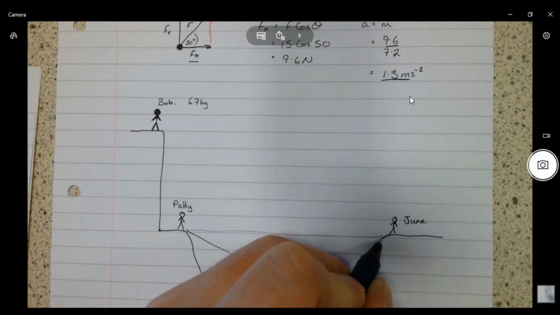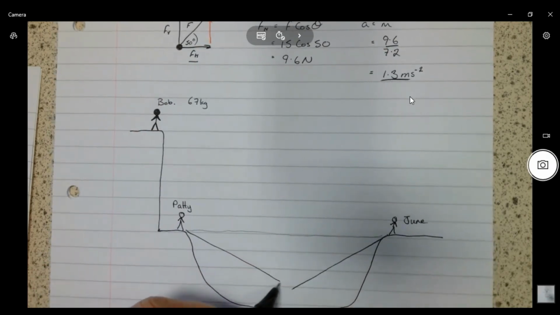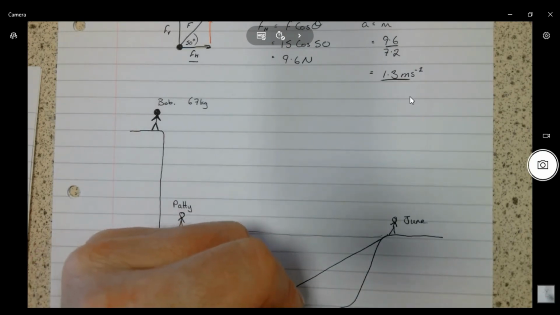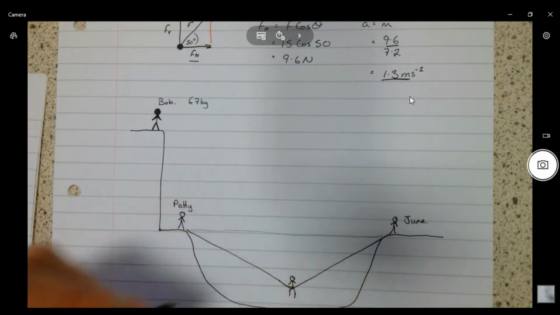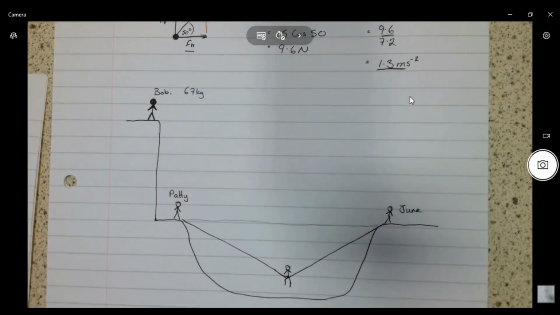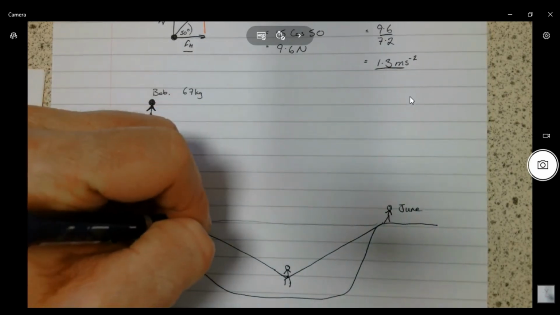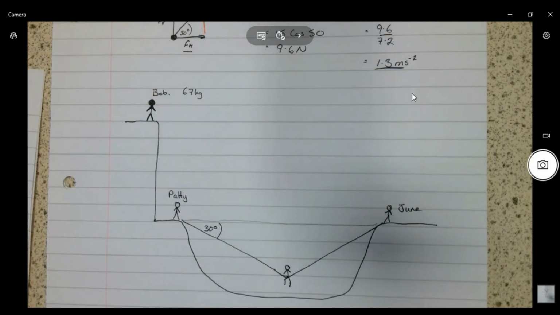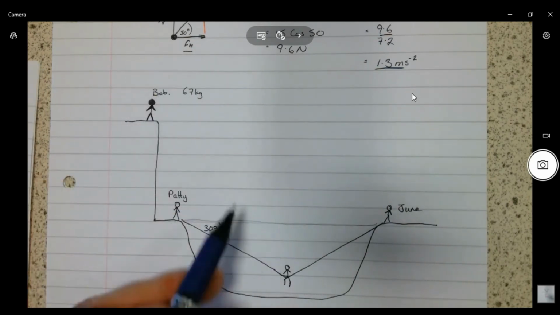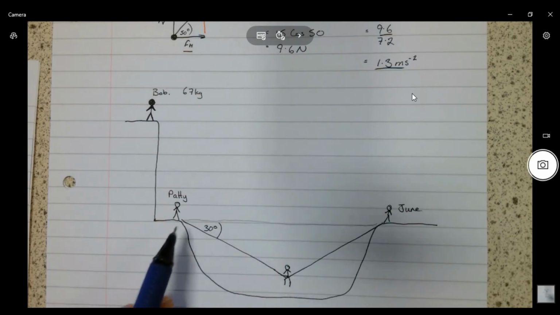which he manages to do perfectly. And eventually he settles right in the middle. There he is. Ow! Either side. And he makes an angle of 30 degrees to the horizontal on both sides. So Bob jumps off the thing, boing, boing, boing. Ow!